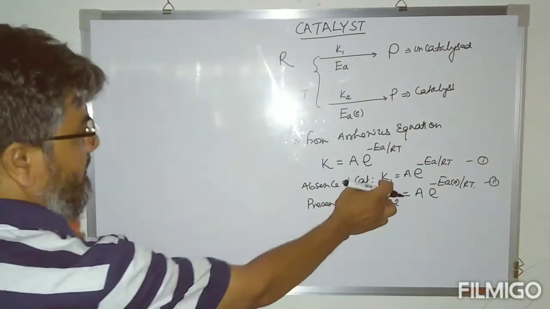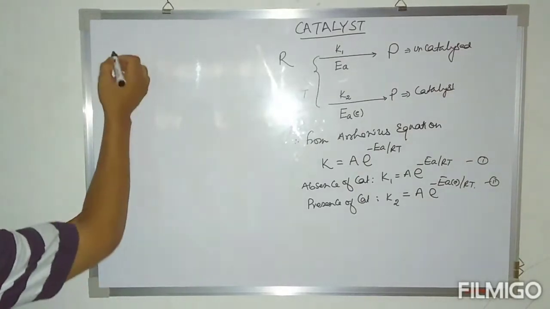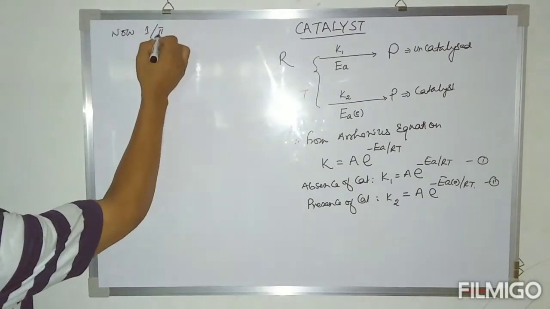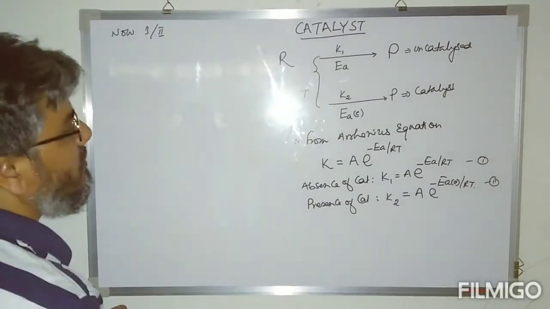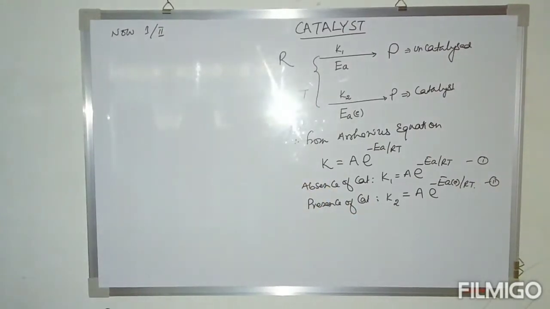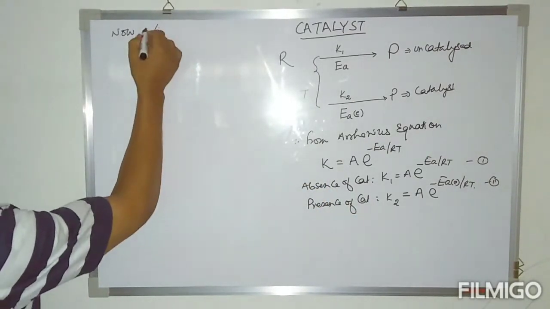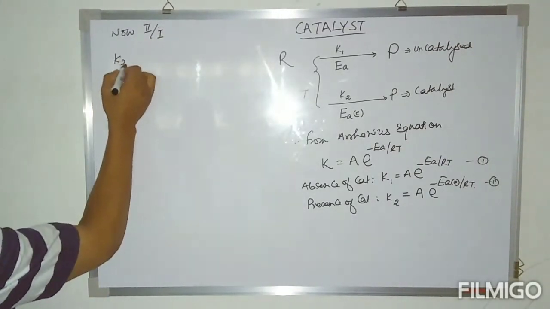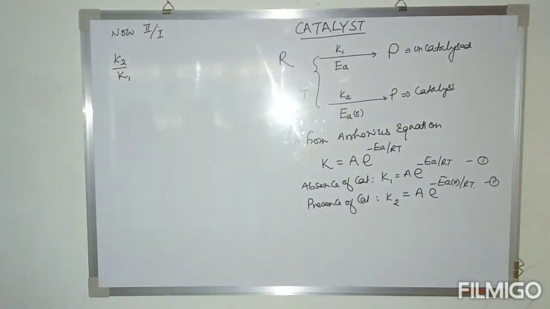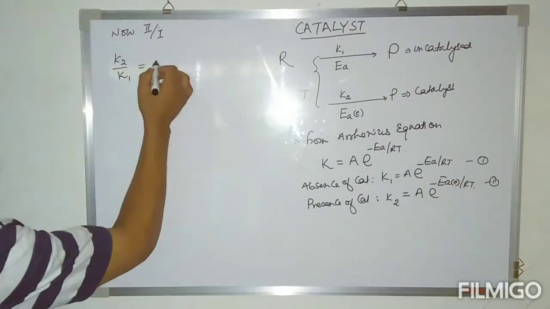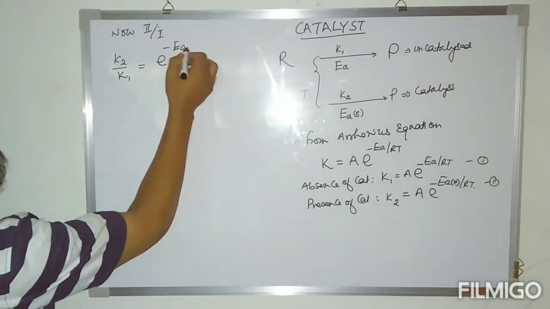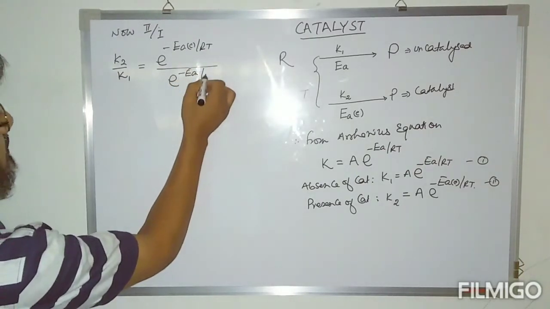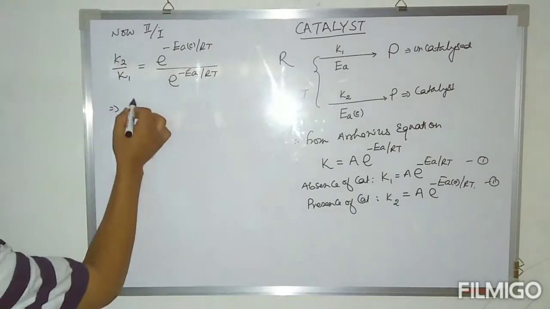Now, taking the ratio of these two, equation 2 divided by equation 1, we have K2 by K1 is equal to exponential minus EAC by RT divided by exponential minus EA by RT.